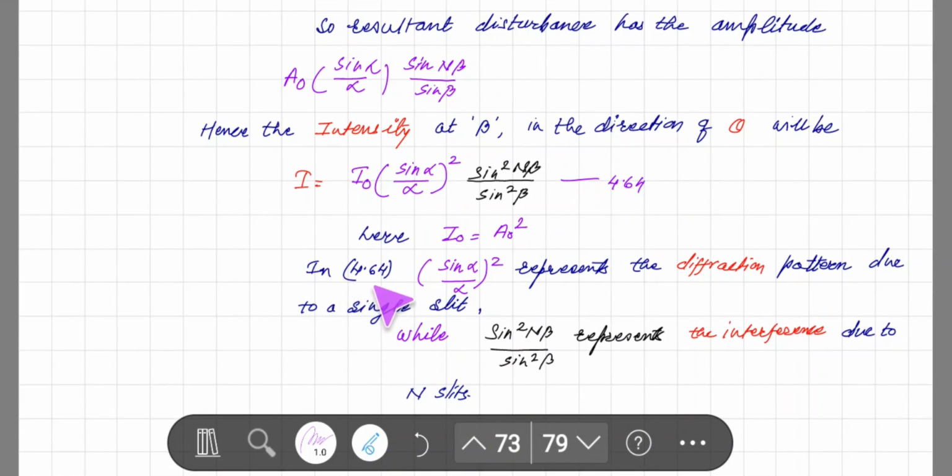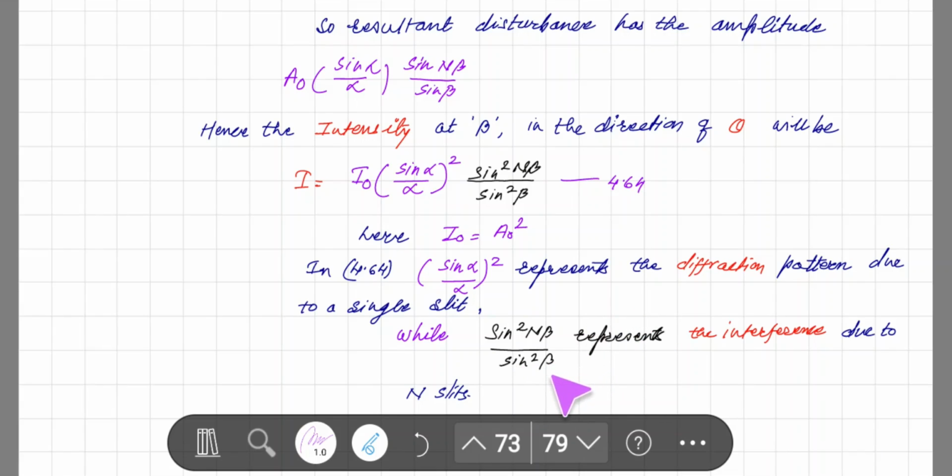So in equation 4.64, this part, sin alpha upon alpha square, represents the diffraction pattern. This is the amplitude due to diffraction in a single slit that we already saw, while the other term, sin n beta upon sin beta, represents in case of intensity the interference due to n number of slits.